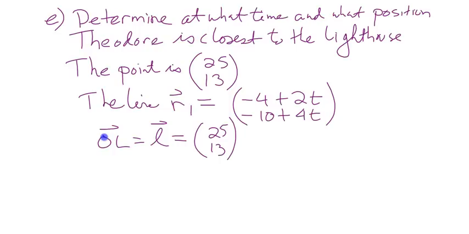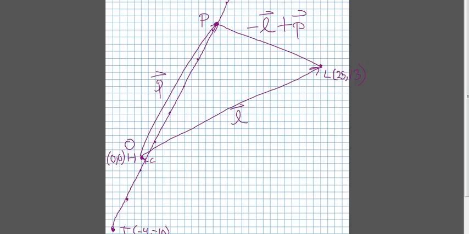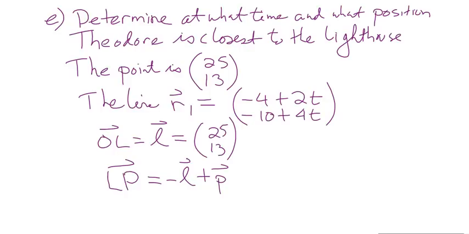So LP, which is the vector negative L plus P, right? LP, okay, which we call negative L plus P, right? So what's negative L plus P?